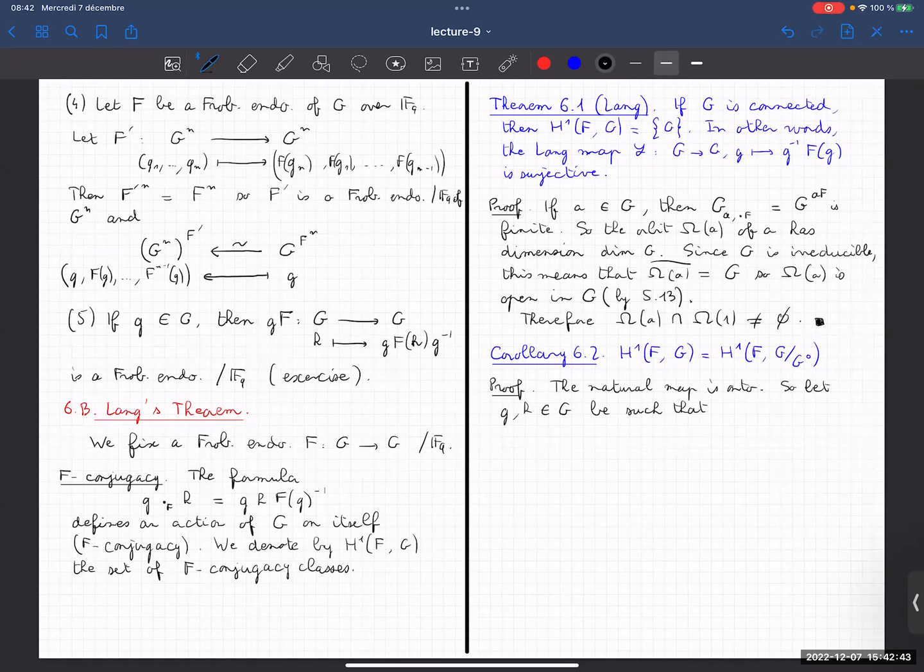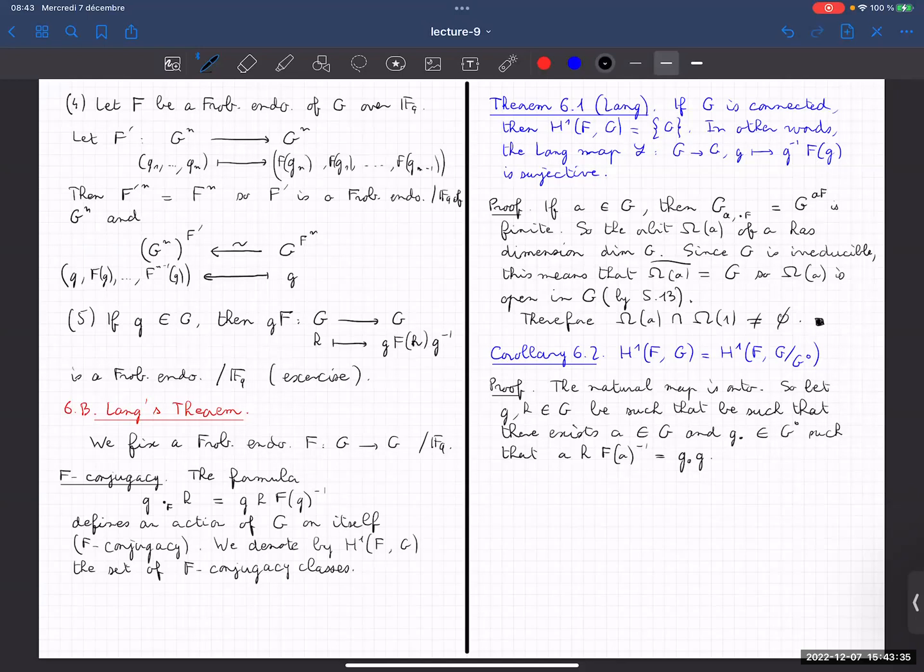So be such that there exist a in G and g0 in G0 such that the F conjugate of h is equal to g up to an element of G0, and this element is g0. This means that the F conjugacy class of h and the F conjugacy class of g have the same image in G mod G0. But we want to prove that they are equal.